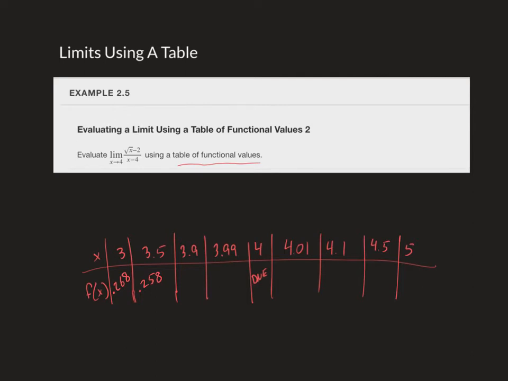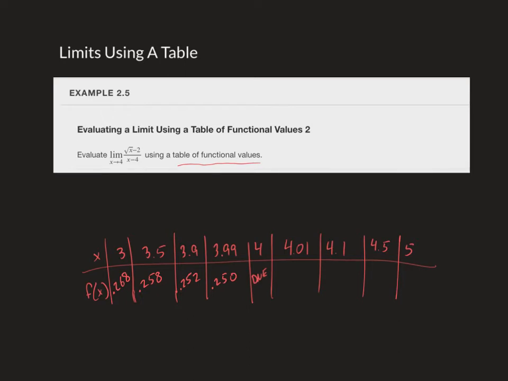Next up, when I evaluate 3.9, I get 0.2515, so 0.252. And finally, when I substitute 3.99, I get 0.25015, etc. Okay, so it looks like 0.268, 0.258, 0.252, 0.250, we're decreasing and getting closer to maybe a quarter, 1/4. That's the idea.